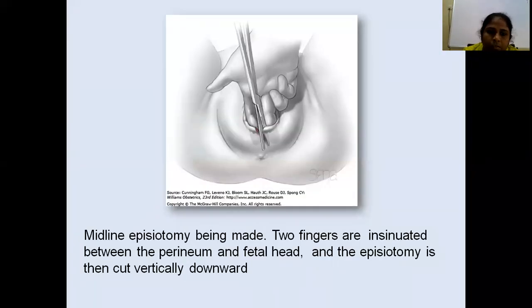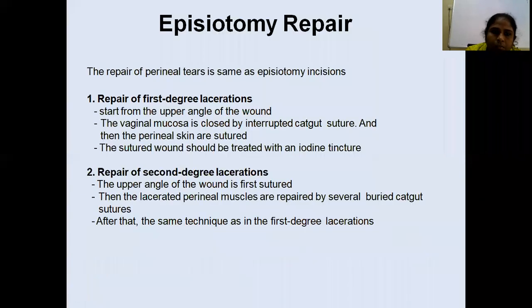See, this is a midline episiotomy. You put two fingers to safeguard the fetal head so that the scissors doesn't cut the fetal head, and you give an incision. And all this episiotomy repair is the same as for first degree laceration. If you give a small episiotomy involving only the skin and mucosa, you suture it with catgut.